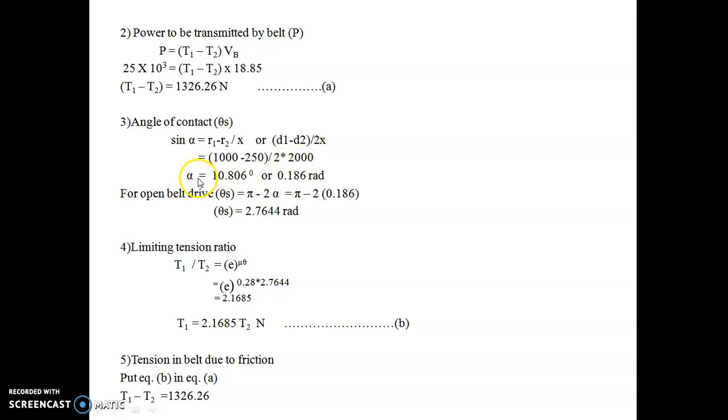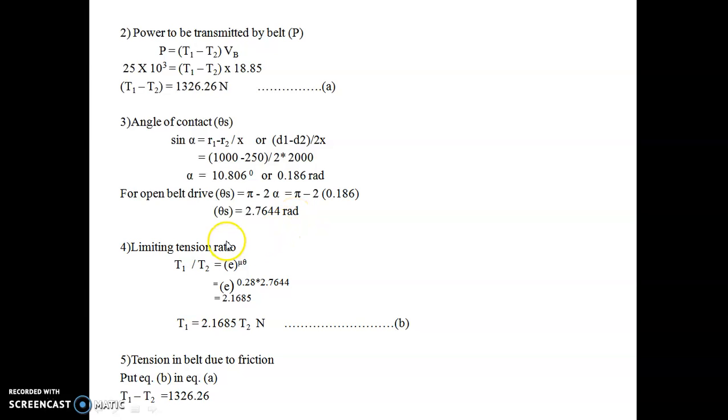So alpha is equal to 10.80 degrees or 0.186 radian. For open belt drive, angle of contact theta s is given by pi minus 2 alpha. So pi minus 2 into 0.186. So theta s is equal to 2.7644 radian.